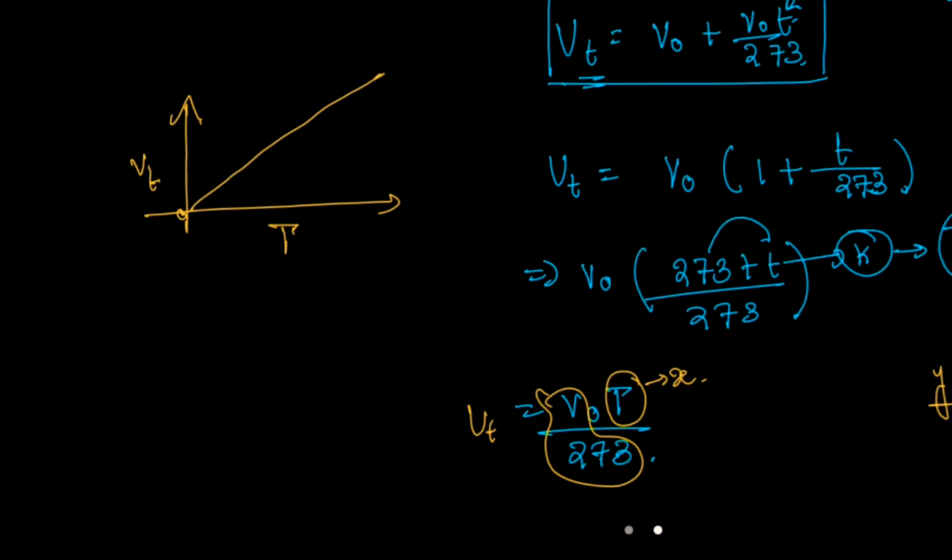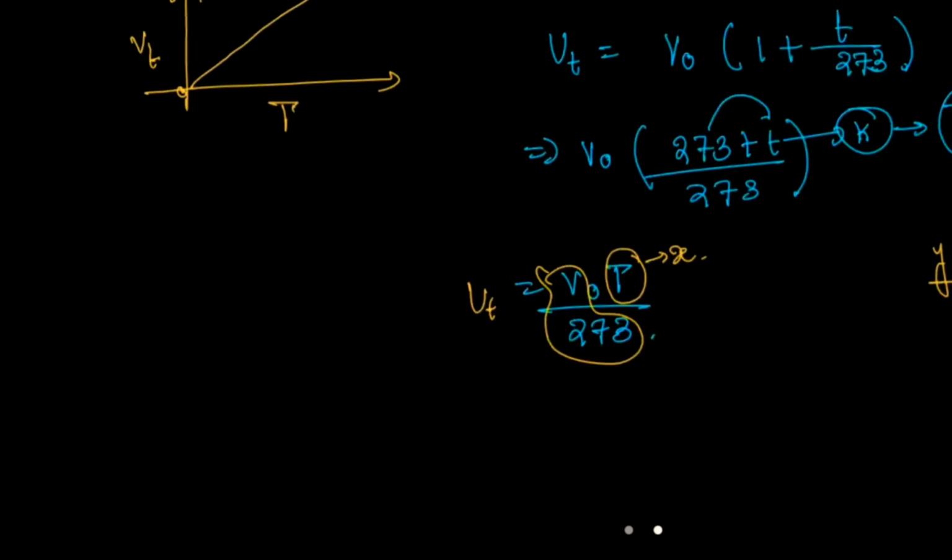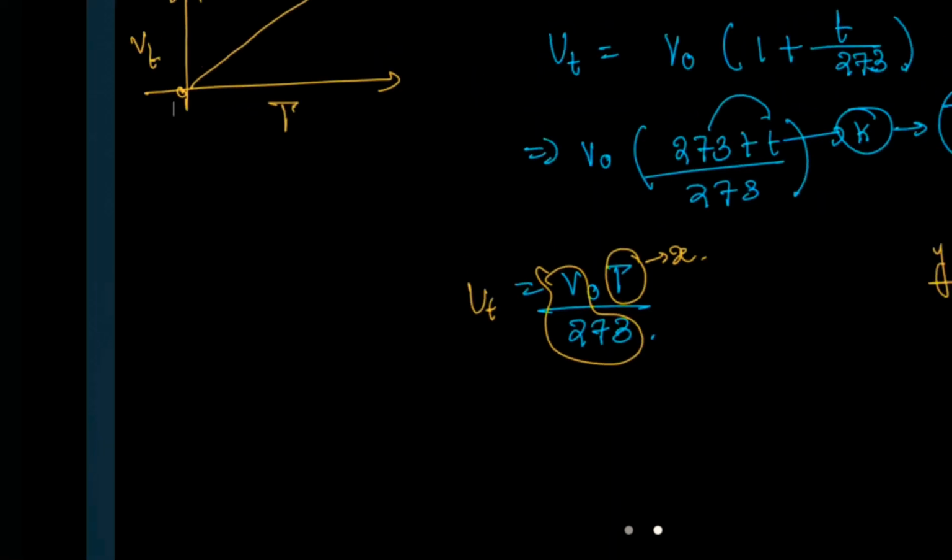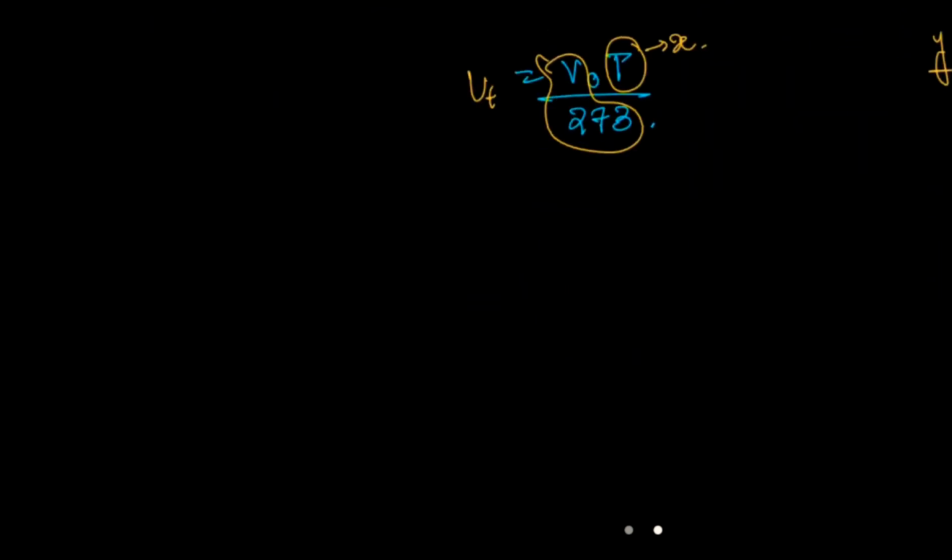But if we think about the Celsius scale, what was the formula again? Vt equals to V0 plus V0 into T by 273. This is the expression of Vt.